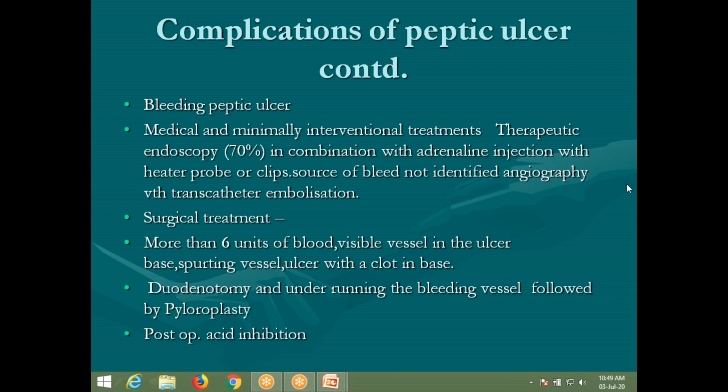These are all the indications when you have to do a surgical intervention. So when with all your interventional measures you are not able to control it, or if there is a rebleed, or a visible vessel in the ulcer, a spurting vessel, a clot in the base of the ulcer, or the patient is requiring more than 6 units of blood, then you have to plan for surgical management.